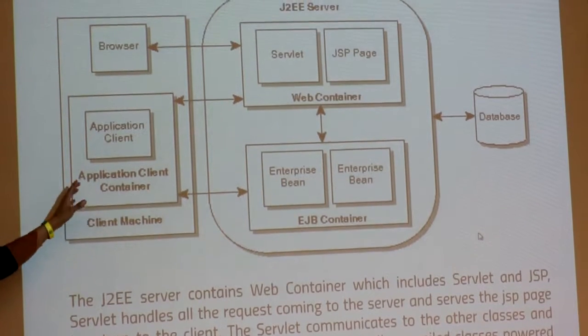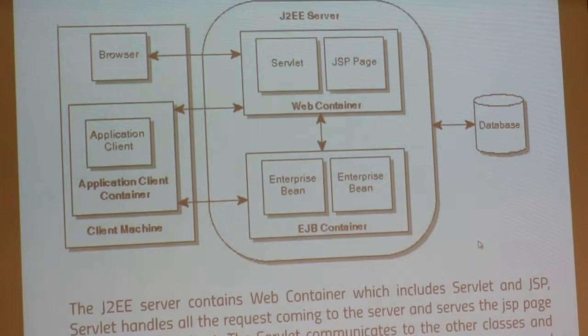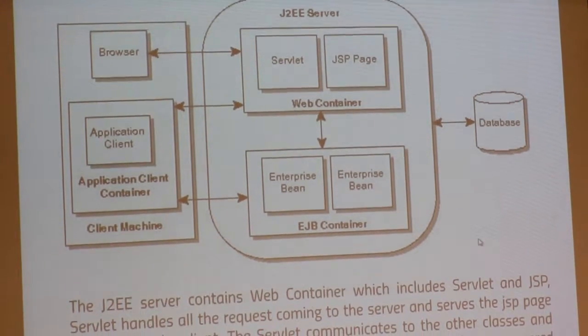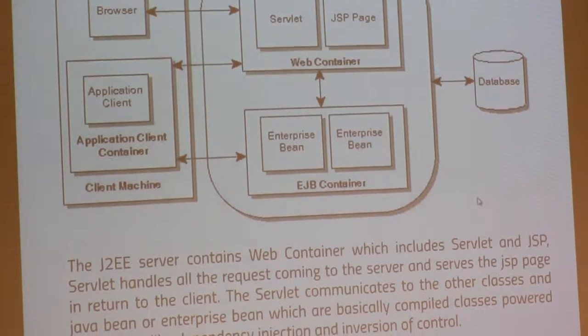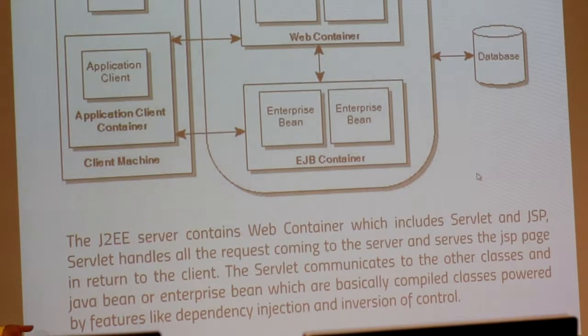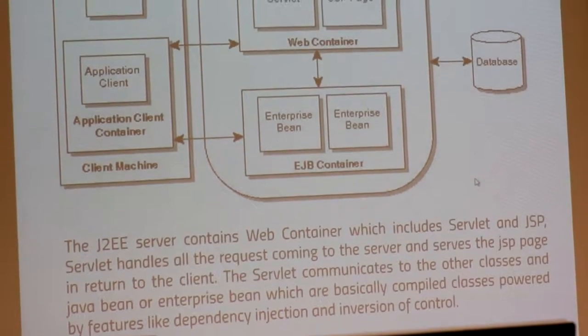We have application containers, client machines and browsers. It basically handles all the requests coming to the server. It serves the JSP page in return to the client, and the servlet communicates with other classes like Java Bean in their own time, which makes the application very lightweight.